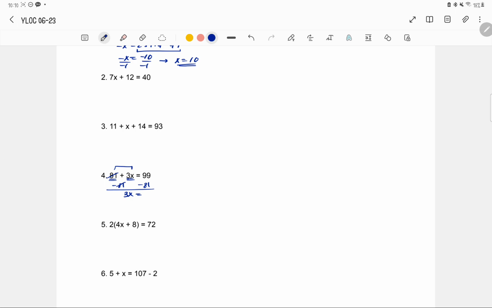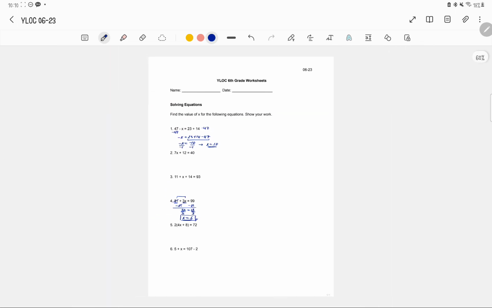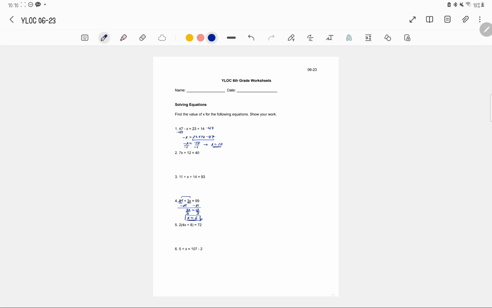We get 3x, and 99 minus 81 is equal to 18. And now we have to divide by 3 on both sides, and x is equal to 6. So this is the basic concept.